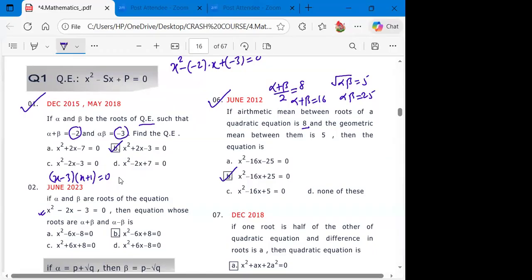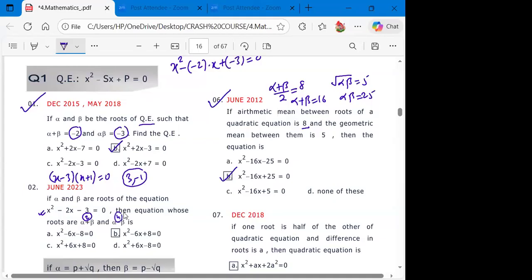So can I say x will have 2 answers, either 3 or minus 1? Just wait. These 2 answers are alpha and beta. Now just tell me, alpha plus beta, how much it will be? 2. Alpha minus beta, how much it will be? 4.